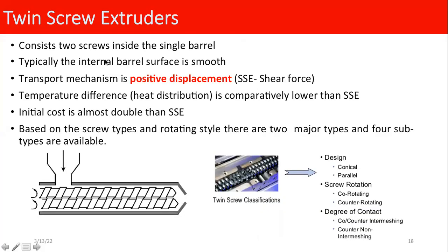You have to remember the differences between single screw and twin screw, and how to do the classification, and the temperature differences, pressure differences, barrel surface differences. All these things are very important. Do not try to memorize, but understand practically, and then you will have very good knowledge.